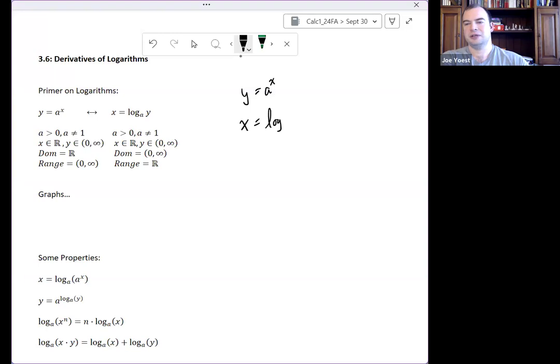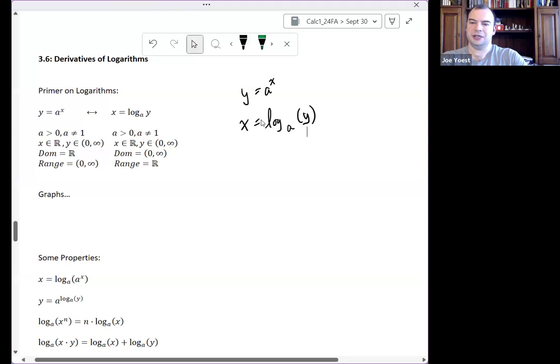So log base a. That's our base from the associated exponential function. That's why it's called log base a of y. So the function is log base a, and its argument, the thing being plugged into the function, is y.